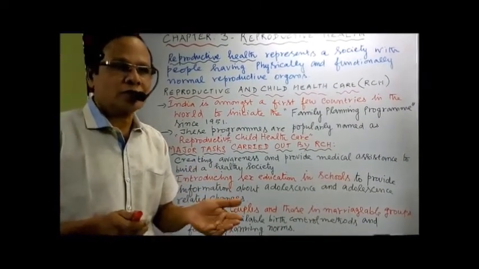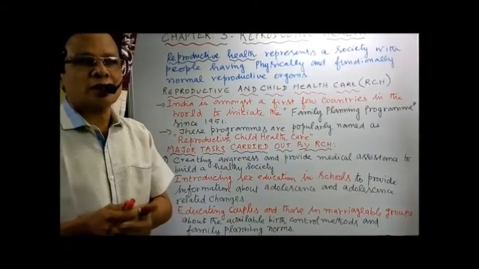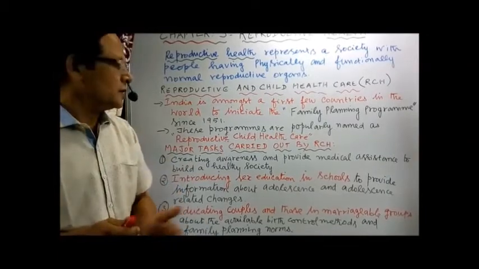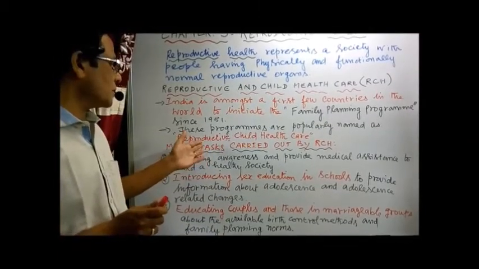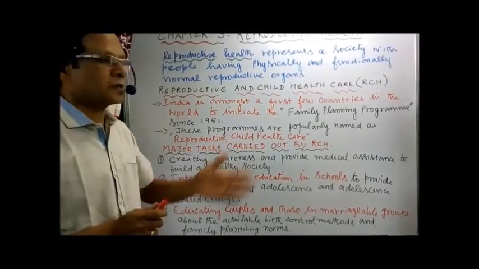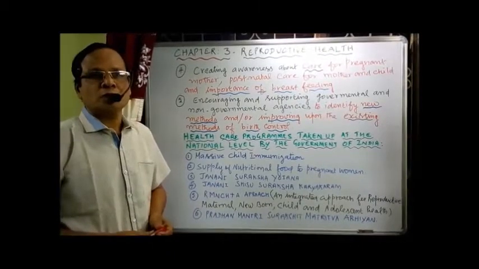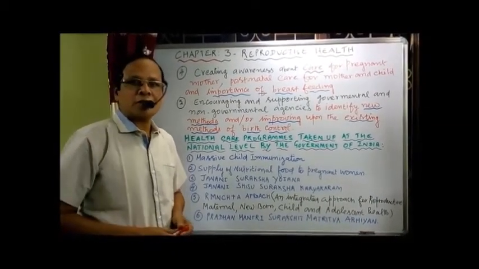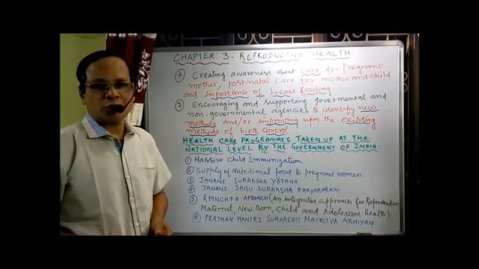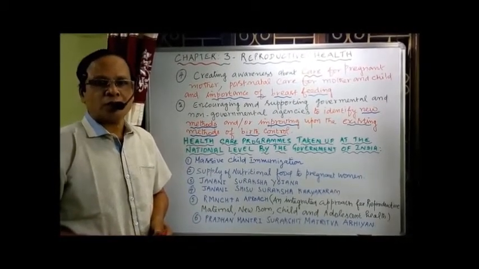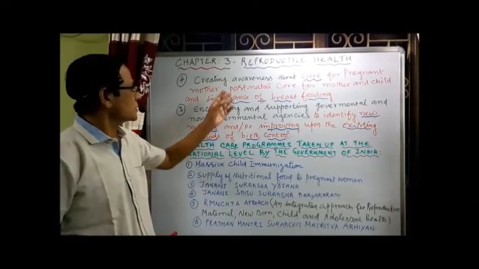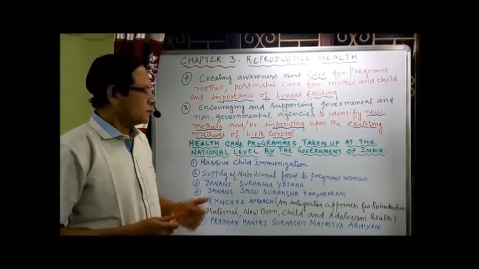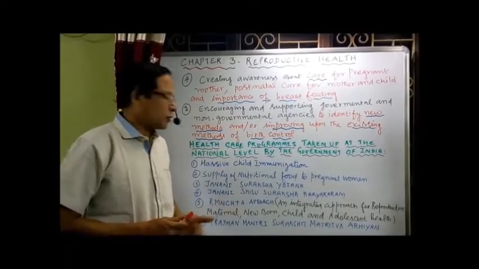These are all the major tasks carried out by RCH, reproductive child health care. There are 5 points I mentioned, and I already described the 4th and 5th. You go through that one.